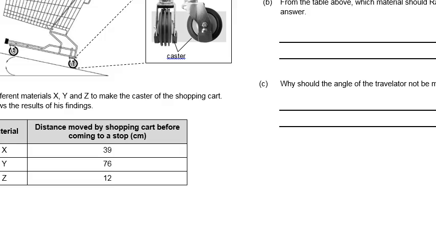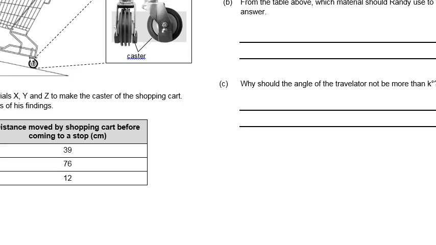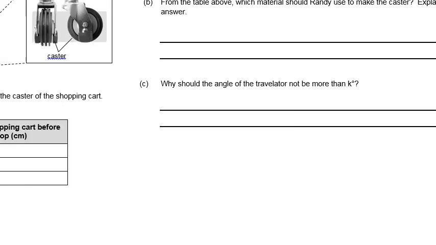Alright, so those are the two possible reasons why the angle of the travelator should not be more than K.